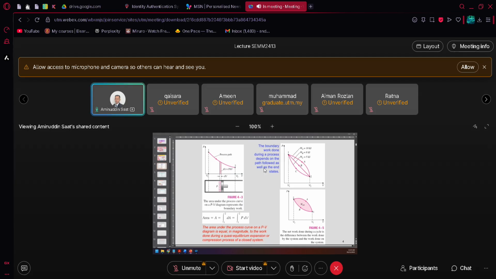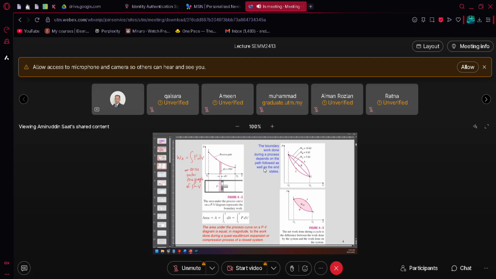the thermodynamic diagram related to the boundary work. Since boundary work equals the integration of PdV, this equation is related to the area under the graph of PV.